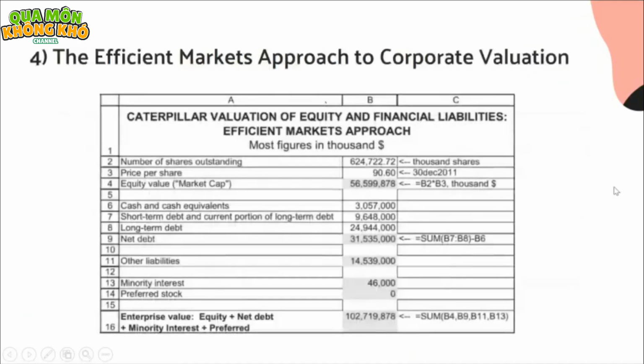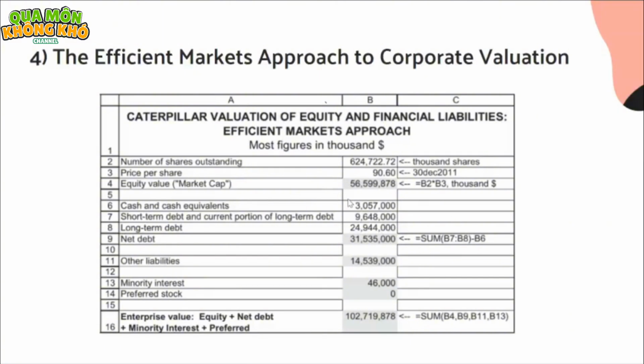So we'll move to the next part, the efficient market approach to corporate valuation. The Caterpillar example assumes that the book value is a correct valuation of the company, but a single calculation shows how problematic this is.